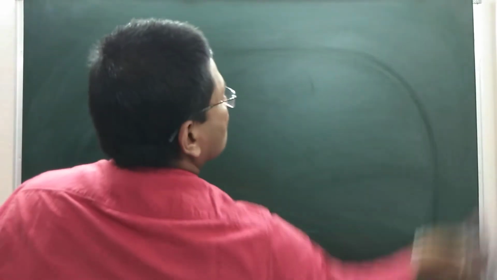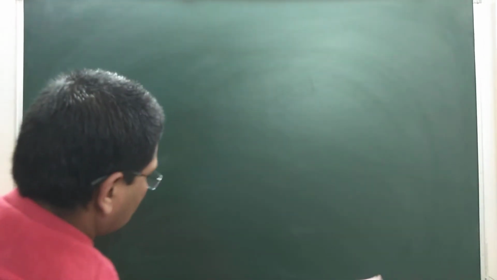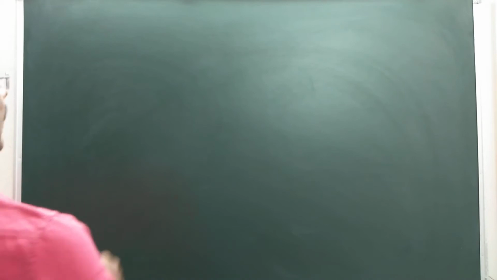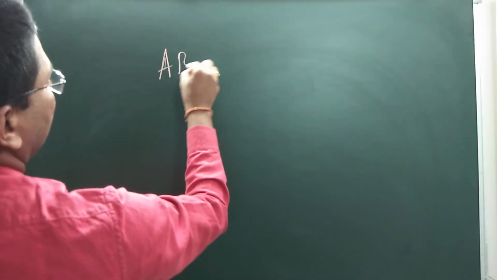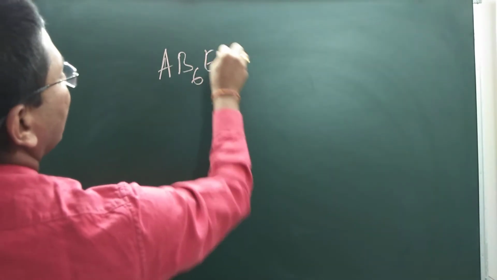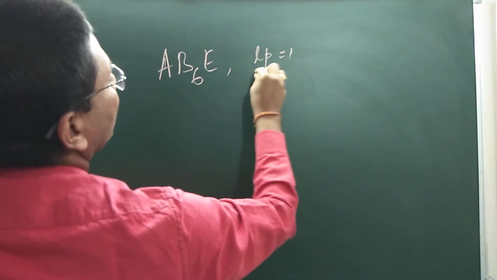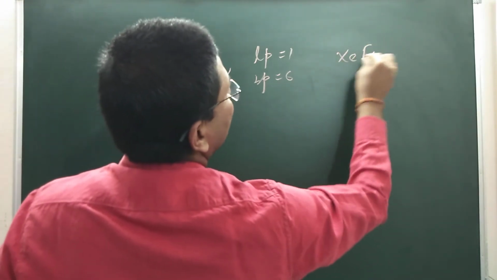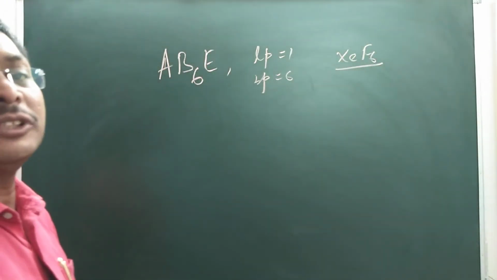Now coming to AB6E type. Here lone pair is 1, bond pairs are 6. A common example is XeF6, xenon hexafluoride. The shape is not octahedral.